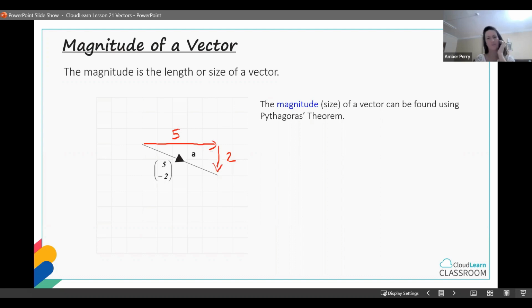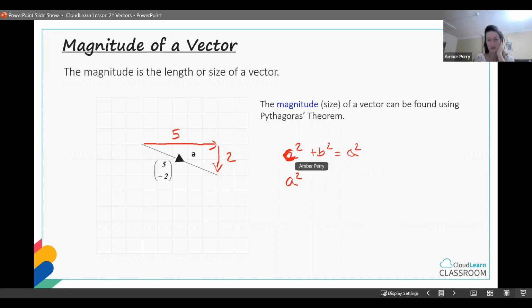And using Pythagoras' theorem, I can find the length of that without worrying at all about the direction. Hopefully you remember Pythagoras' theorem, it's A squared plus B squared equals C squared. So in this case, I should have written that the other way around, with A being the longest side and C being one of the short sides.